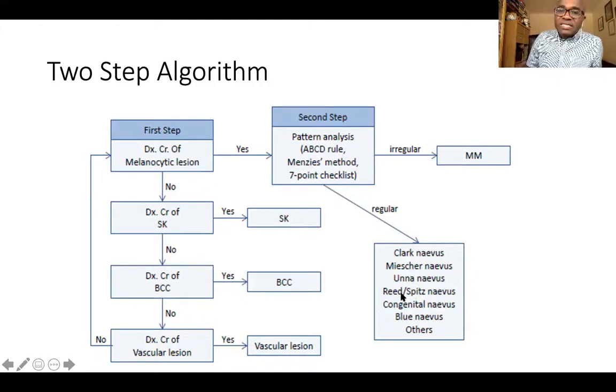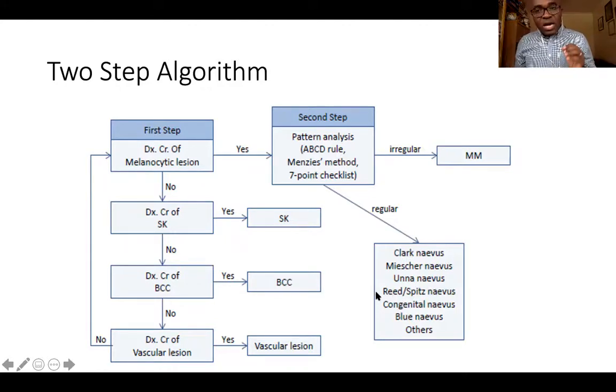Thinking about that before we move on, in a GP setting, when you see a pattern analysis suggestive of a Reed or Spitz nevus, even though it's regular, in a post-pubertal age person, you're still going to treat it as suspicious of a melanoma.